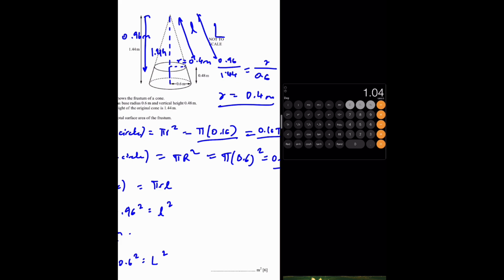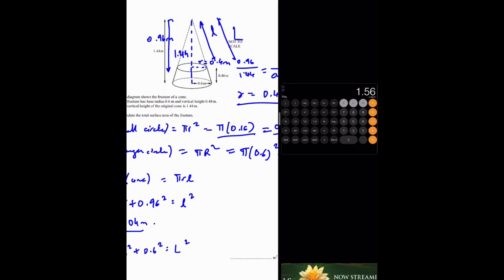So you can do 0.96 by 1.44 is equal to this by this, and you would get the same answer as what I'm going to get here. So 1.44 squared plus 0.6 squared is equal to this, and square root to get 1.56. So capital L is equal to 1.56, and of course, that's in meters.